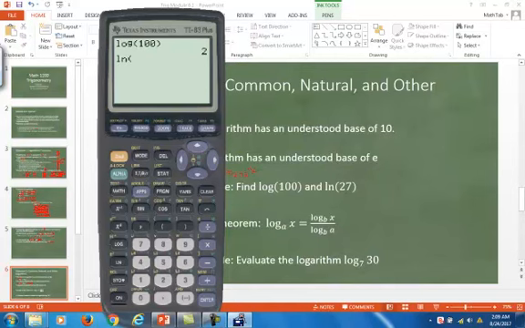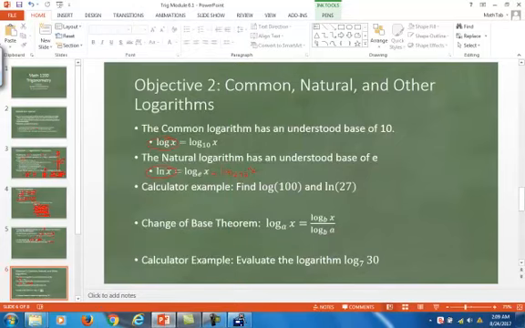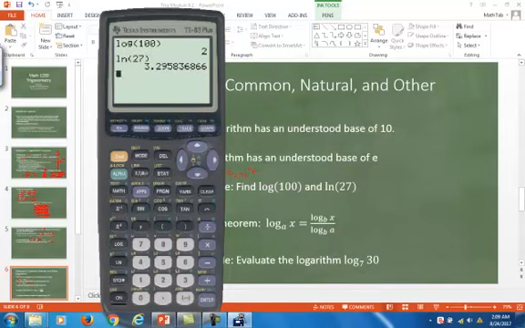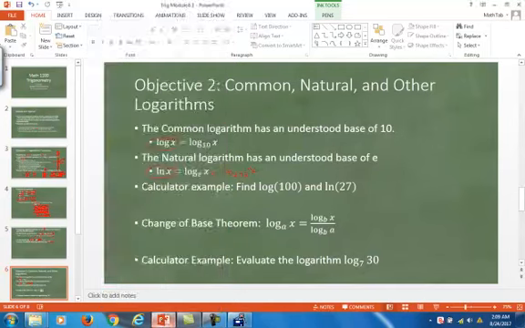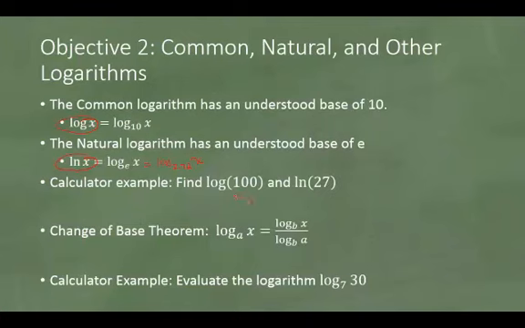So natural log of 27, close the parentheses, hit enter. We get 3.29 or 3.30 if we're rounding to the hundredths place. So 2 and 3.30 approximately.